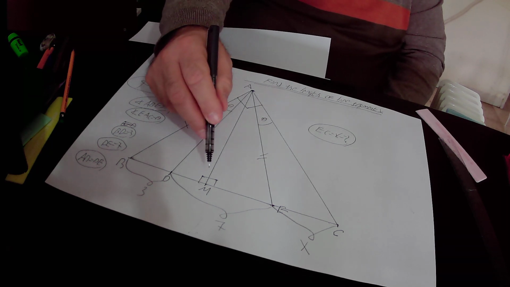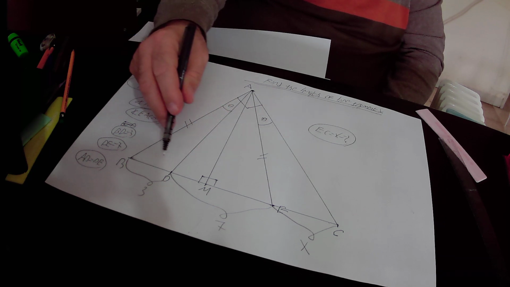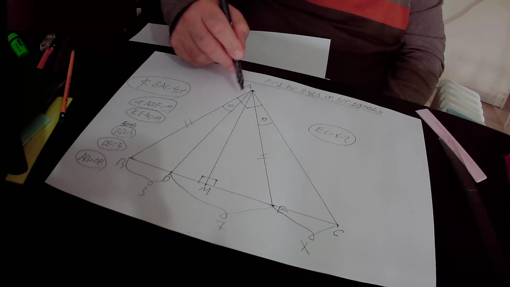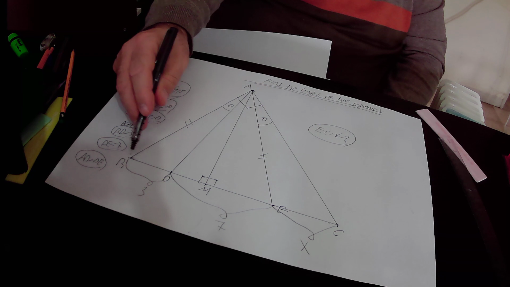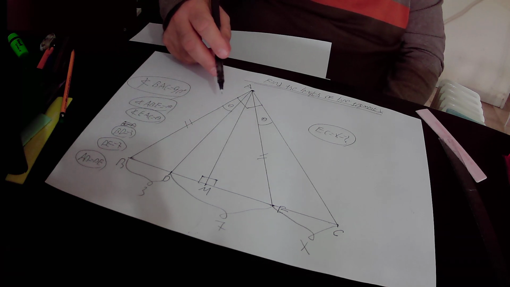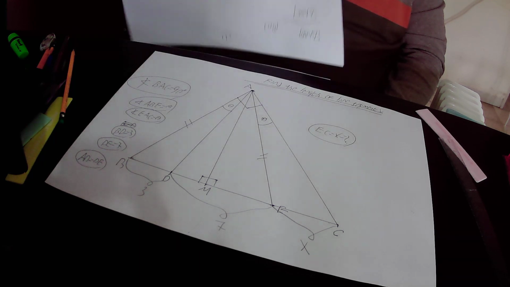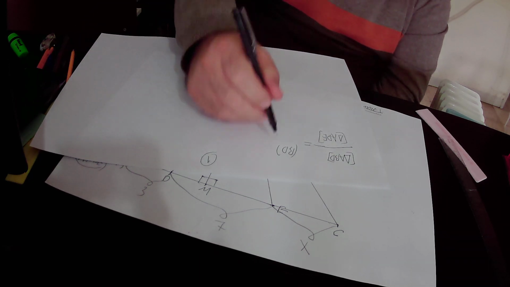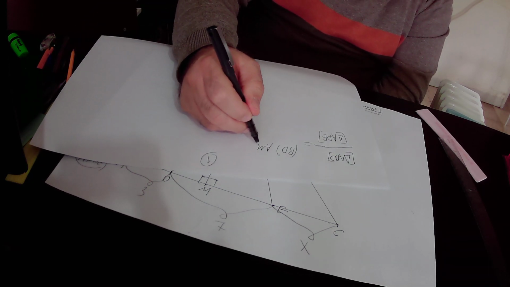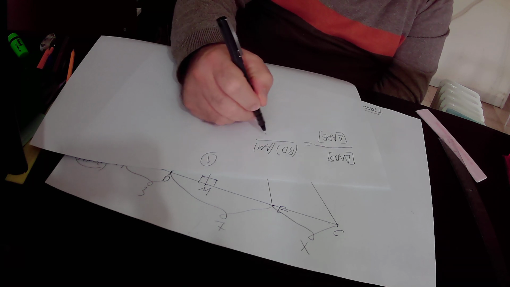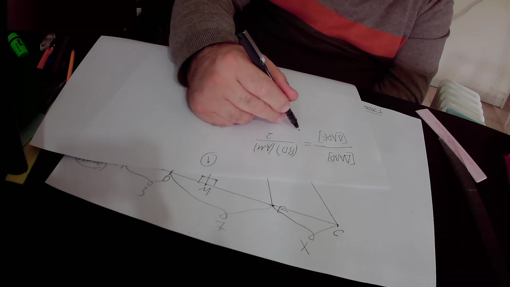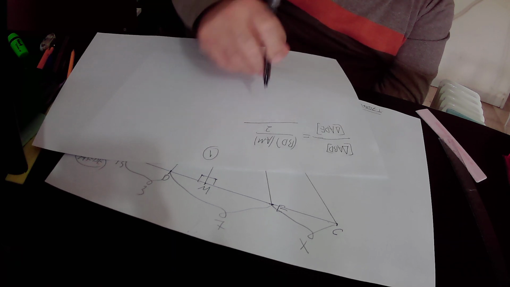The height to the base must create 90 degrees with the base, so here AM creates 90 degrees with the base BD, therefore the height to the base is AM, over 2. So the area of triangle ABD equals BD times AM over 2, over the area of triangle ADE.